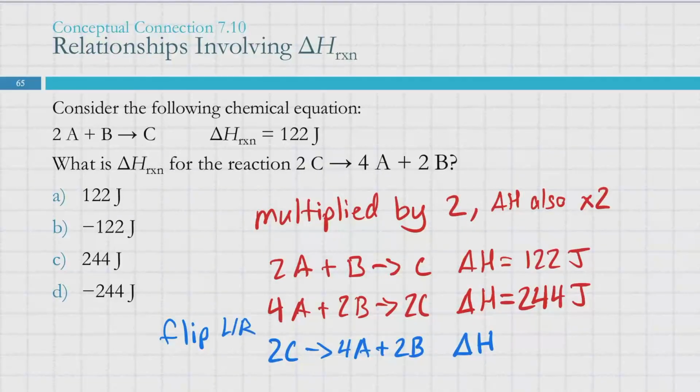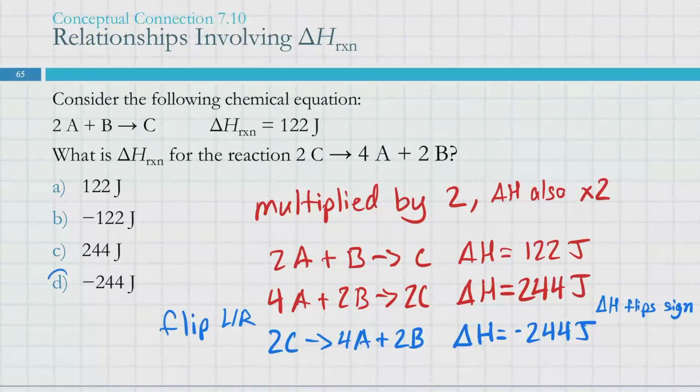It's going to be negative 244 joules. So it flips from being positive to being negative. So the correct answer here should be D.